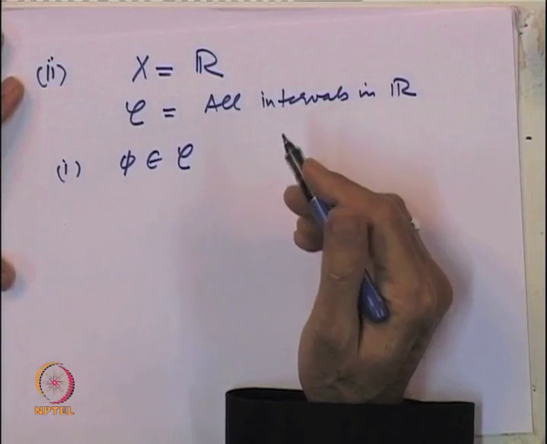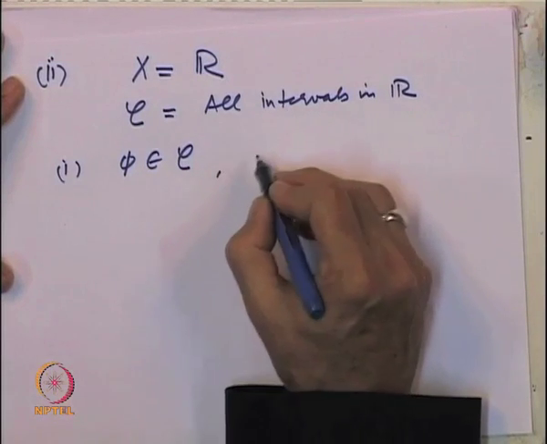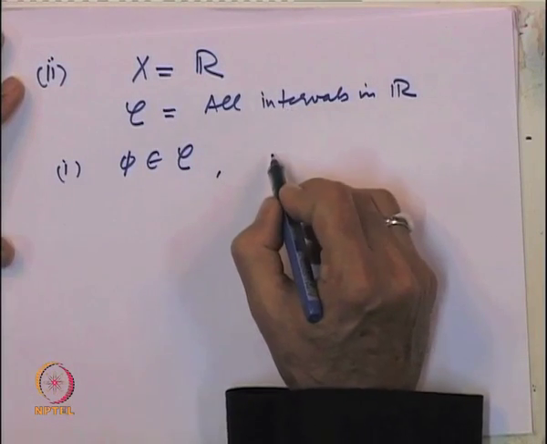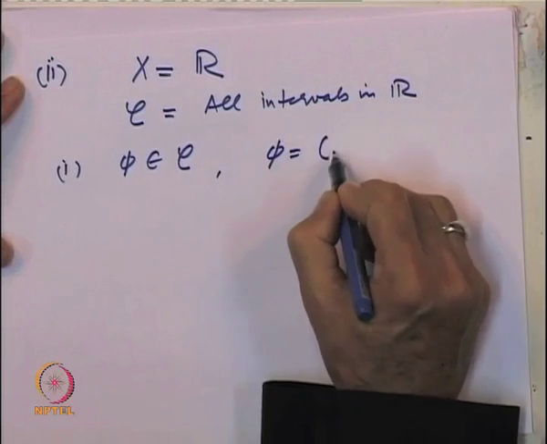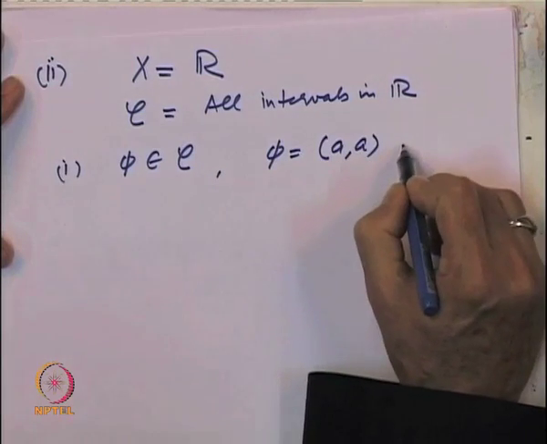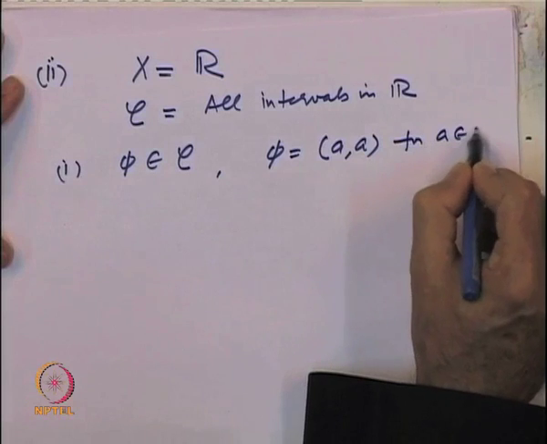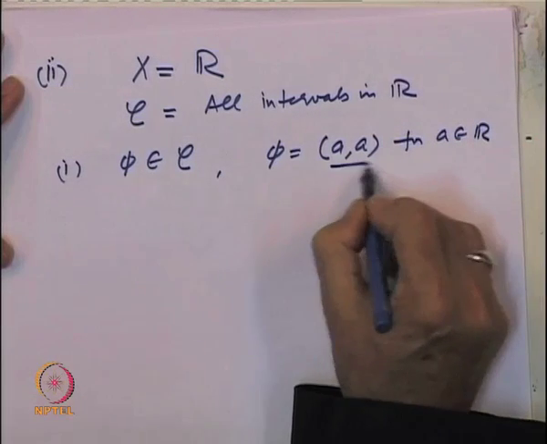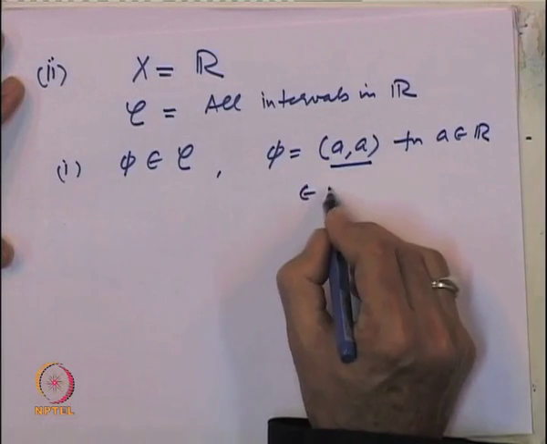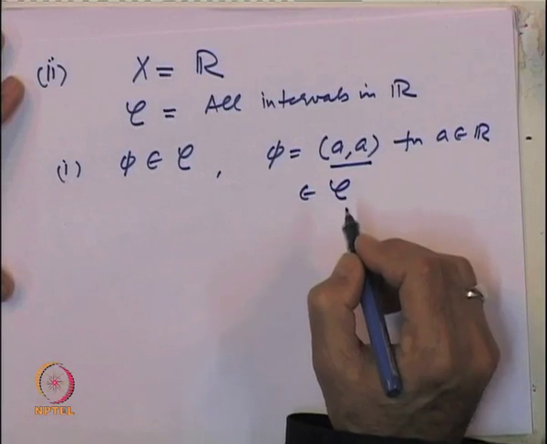Well, yes, one way of looking at it is that the empty set can be written as the open interval (a, a) for any point a belonging to R, and that is an interval. So, that belongs to the collection C.